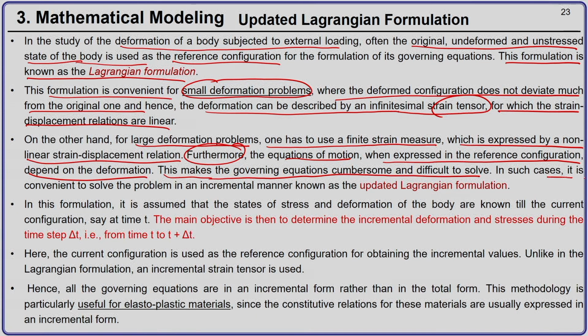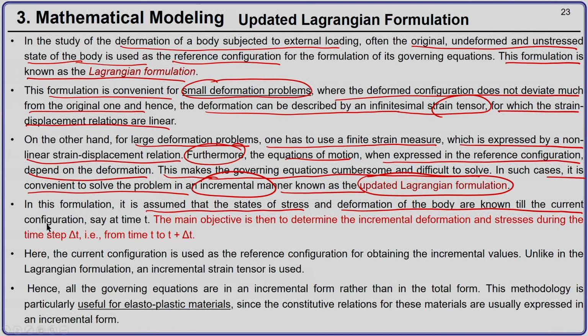In such cases, it is convenient to solve the problem in an incremental manner, and this kind of formulation is known as the updated Lagrangian formulation. So, in updated Lagrangian formulation, it is assumed that the states of stress and deformation of the body are known till the last configuration, say time t.